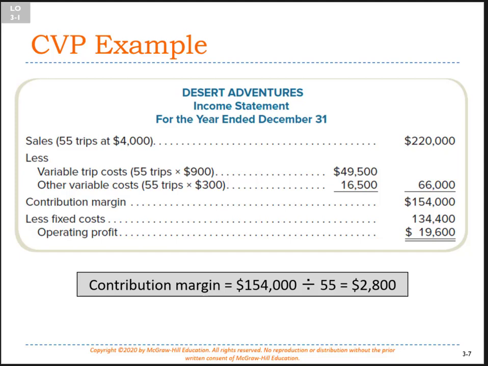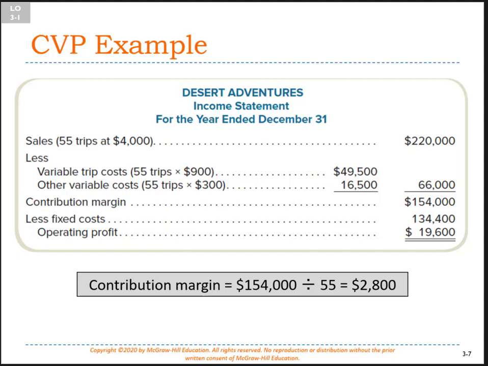All right. Our variable costs, the variable trip costs and other, together are $1,200 per trip. $900 for variable trip costs, $300 for other variable costs. We multiply that by 55, right? There's no inventory on a service like this, okay?